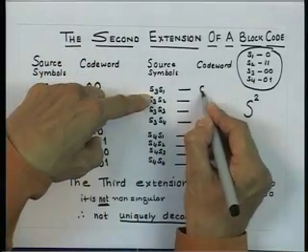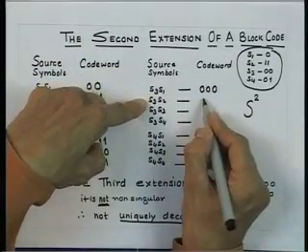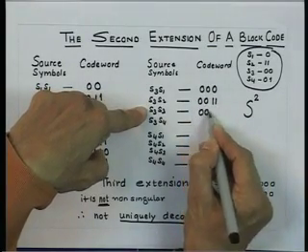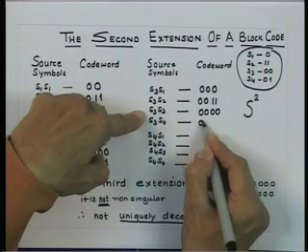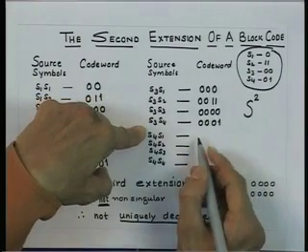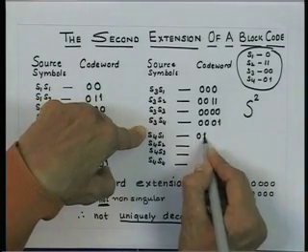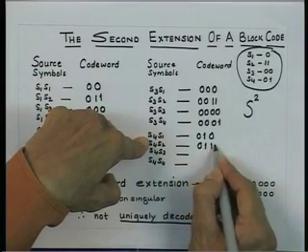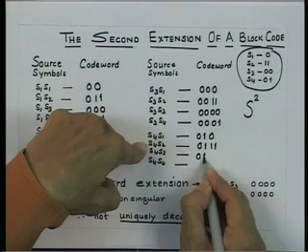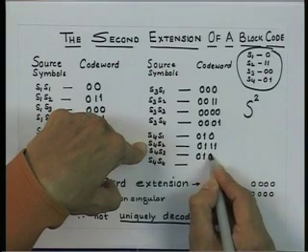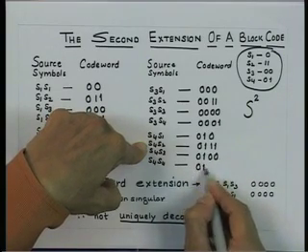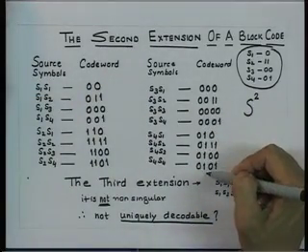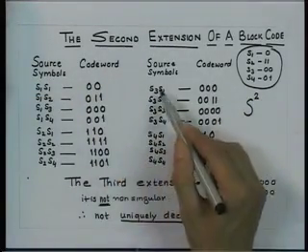So S3, S1 is 0, 0, 1, and so on. So this is the code which I generate for the second extension.